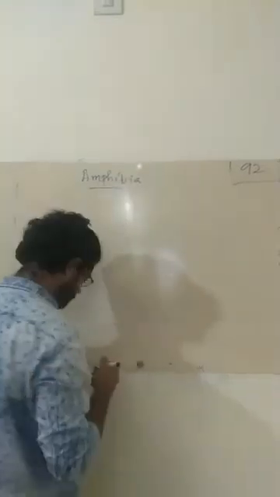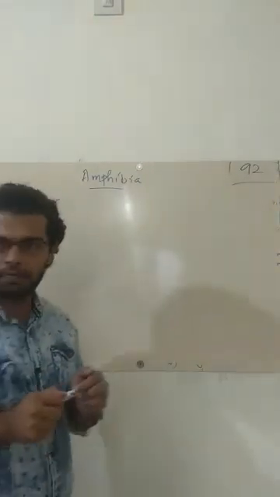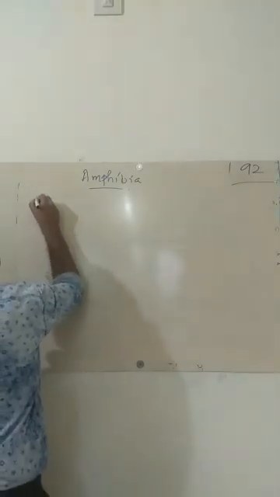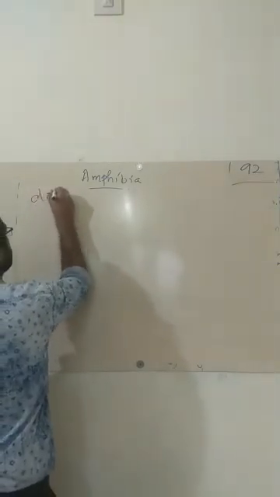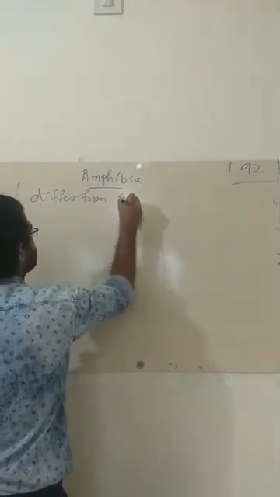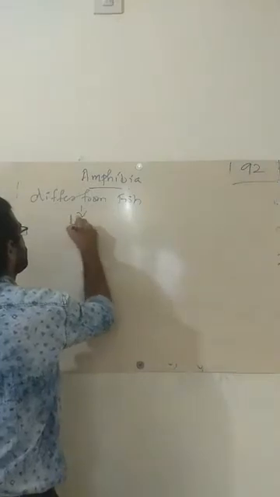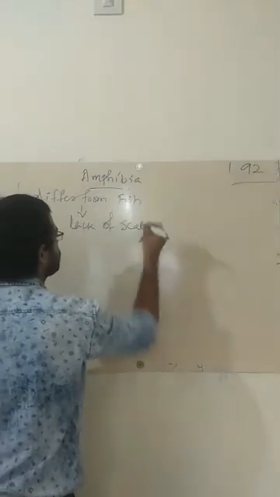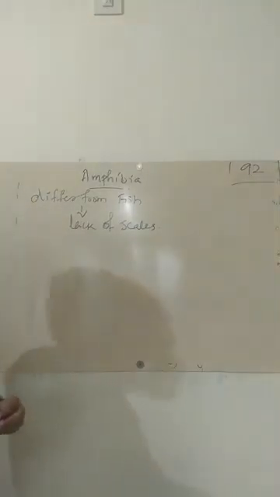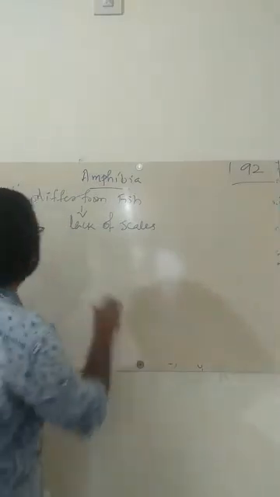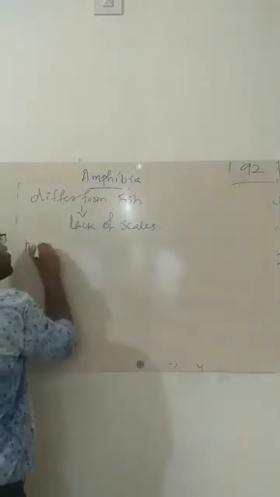This is the amphibia. These animals differ from fish in the lack of scales. They have mucus glands in the skin.